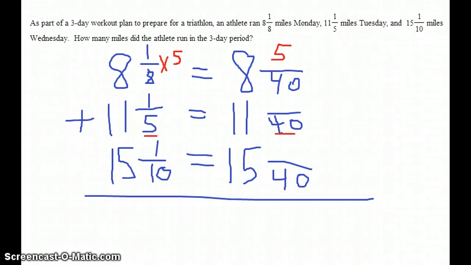In the middle, 5 can go into 40 8 times, and 1 times 8 will still give us 8. And last, 10 can go into 40 4 times, and 1 times 4 will give us 4.